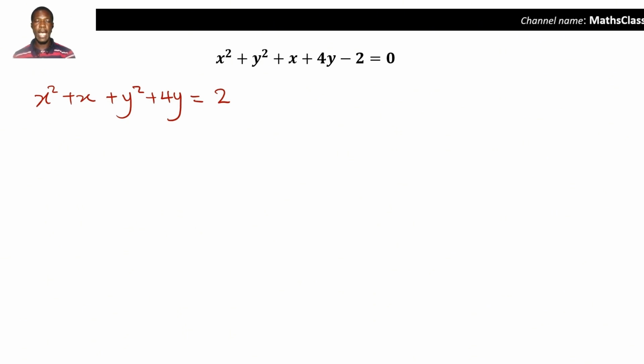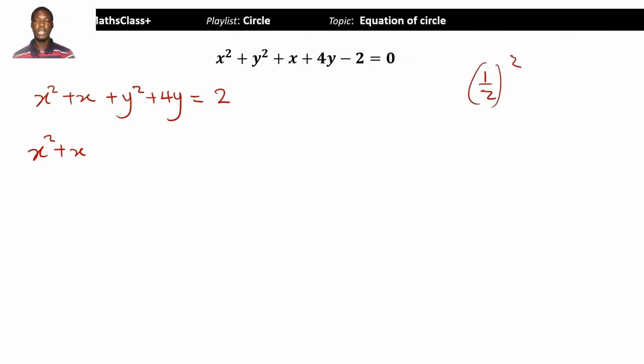Okay, so taking the x side, I will have x squared plus x. Then I'll take the coefficient of x, divide it by 2, and square the result. So the coefficient here is 1. When I divide by 2, I get 1 over 2. When I square the result, it's what you see.